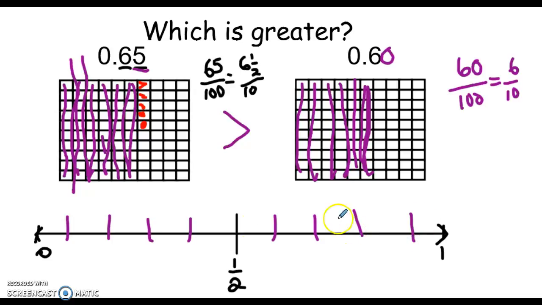Not perfect, but it works. 6 tenths would fall directly after 5 tenths, which we know is the same thing as 1/2. 6.5 tenths, or 65 hundredths, would fall in between 6 tenths and 7 tenths.